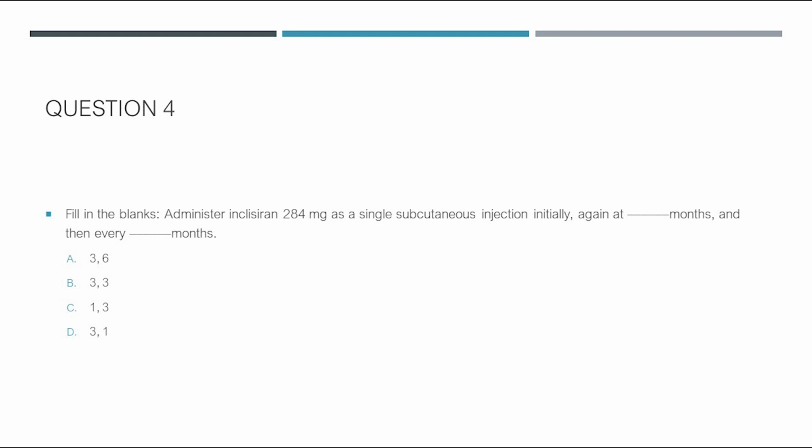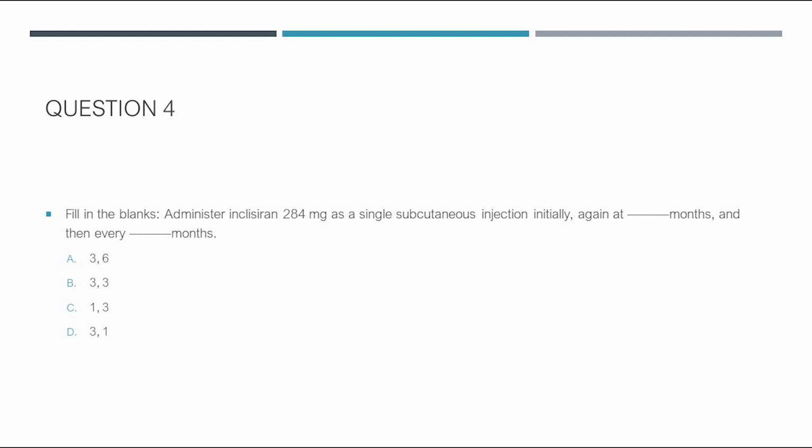Fill in the blank. Administer Inclisiran 284 milligrams as a single subcutaneous injection initially, and again at how many months? And then again at how many months after that? Is it 3 to 6 months for the second and the third injection?